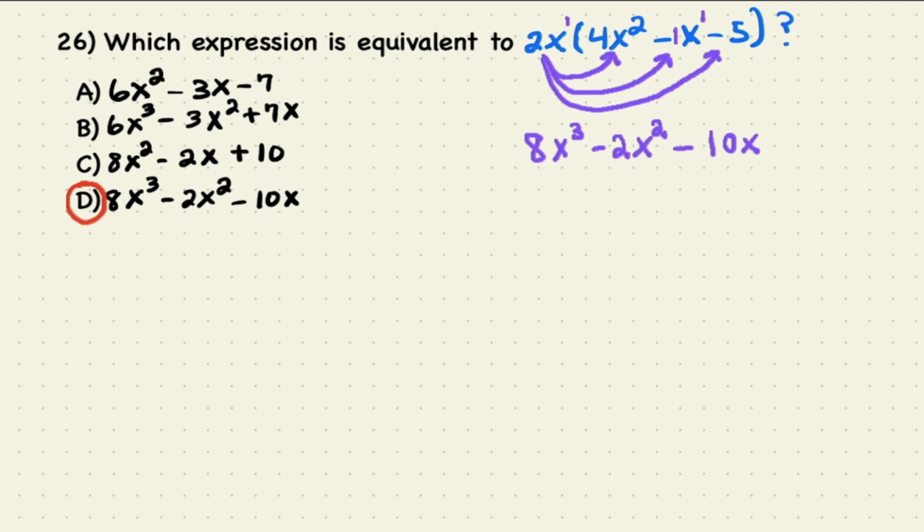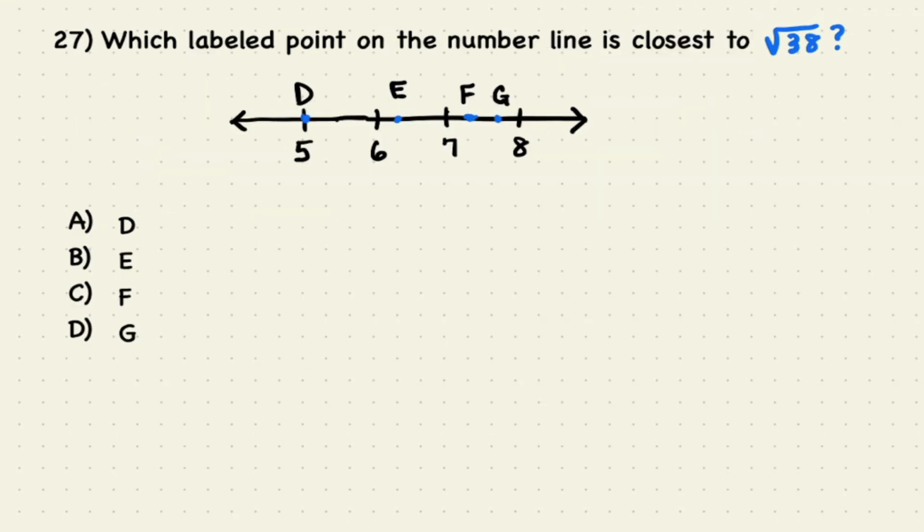Okay, so let's go ahead and move on to number 27. So for number 27, the question asks, which labeled point on the number line is closest to the square root of 38? So what you have to realize is that this is not a perfect square root.